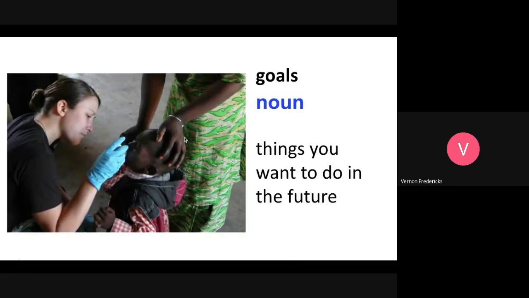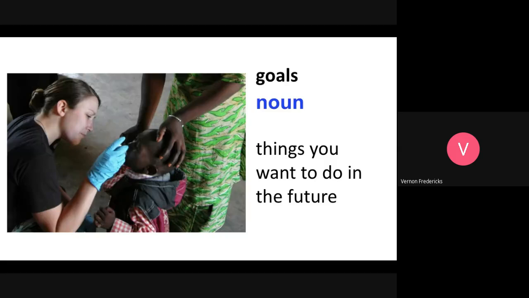Okay. Next word, goals. Goals is a noun. Things you want to do in the future. Okay, so I think every teacher asks his students or her students, what are your goals in life? What do you want to do in the future?